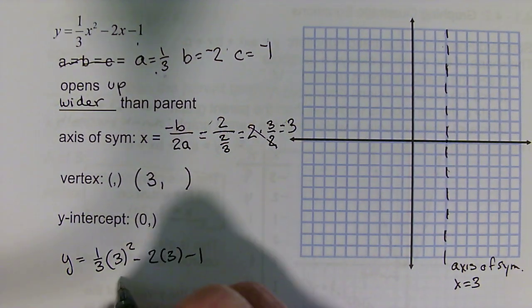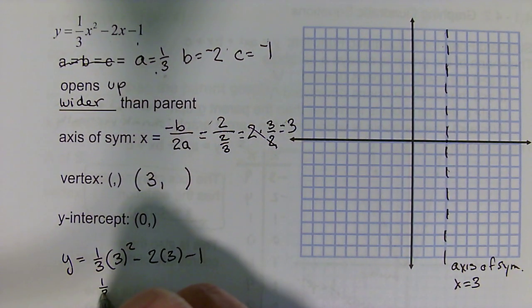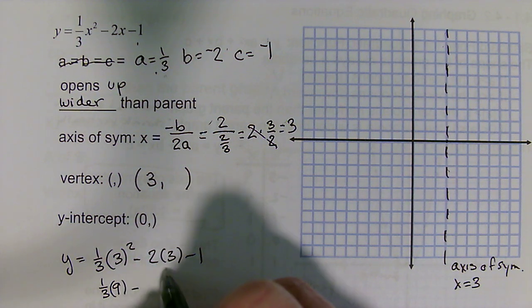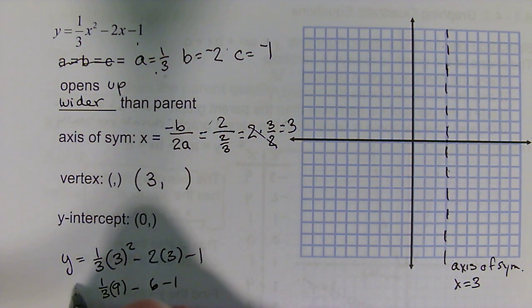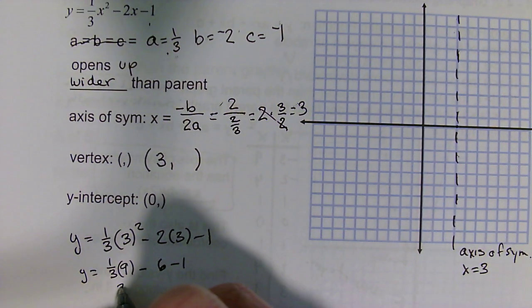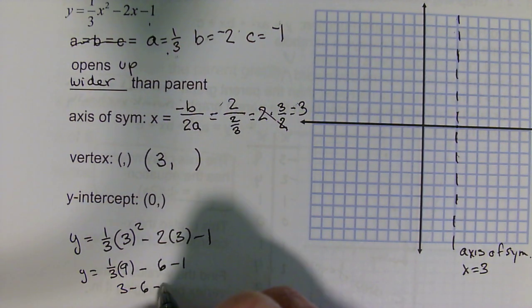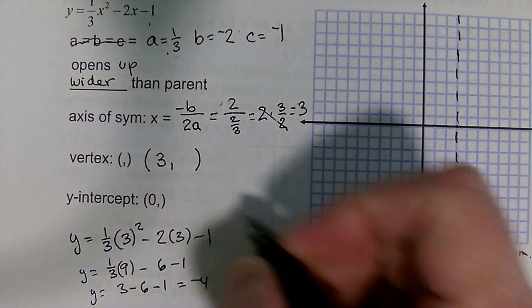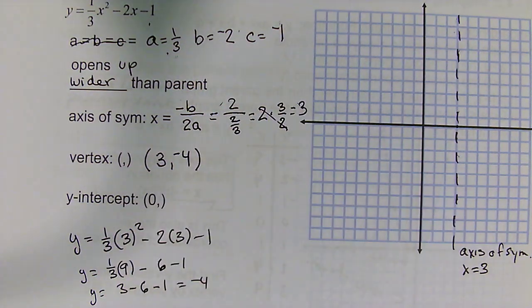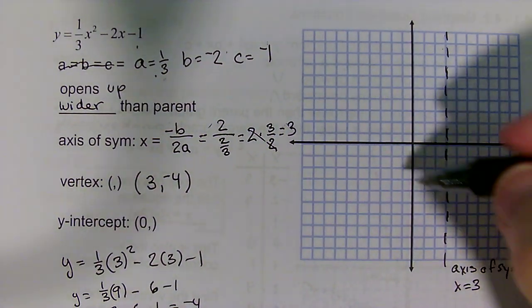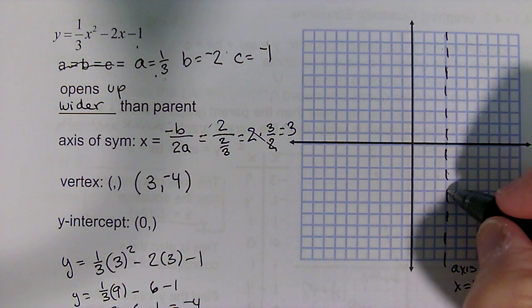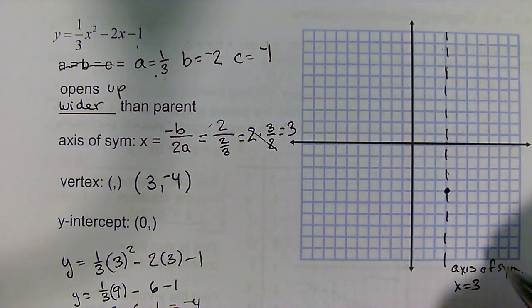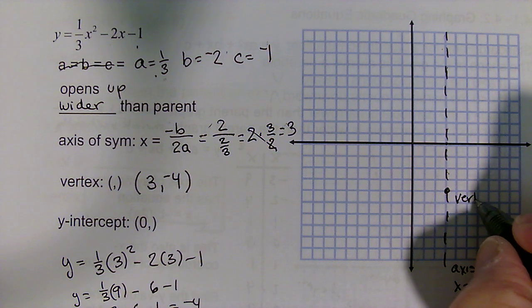So 3 squared is 9. 2 times 3 is 6. 1/3 of 9 is 3, minus 6 would be -3, minus 1 is -4. So -4 is the y-coordinate of the vertex of this parabola. So I go to 3, -4, and that point is going to be my vertex.